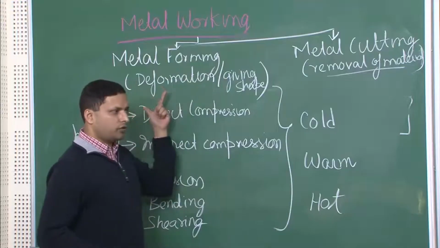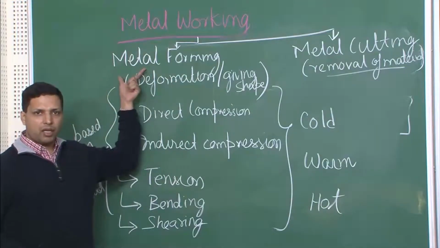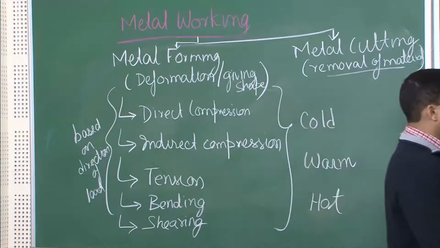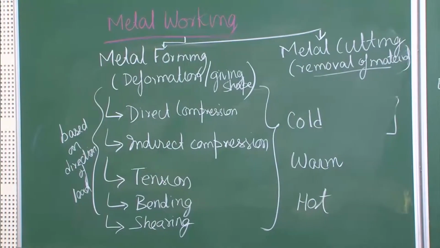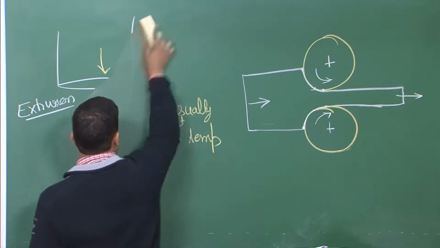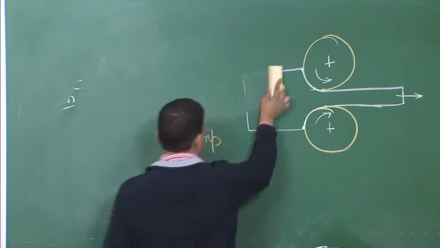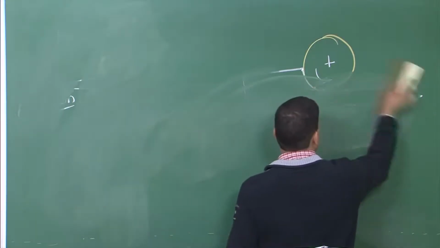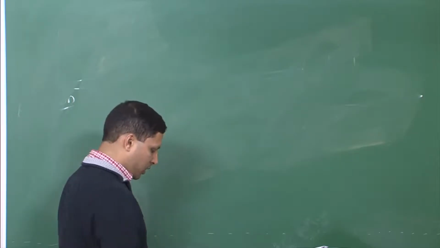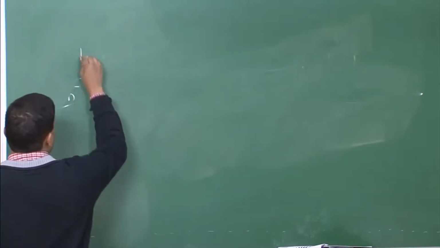So, this is one classification of metal forming, and overall we have metal working in two different classifications: metal forming and metal cutting. There is still one more classification for metal forming, which is based on the thickness of the material. For example, if we are dealing with bulk material like very large pieces, where the main purpose is to give a shape, then it is called bulk deformation.